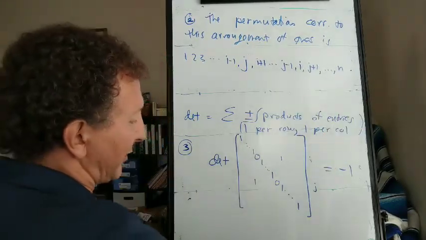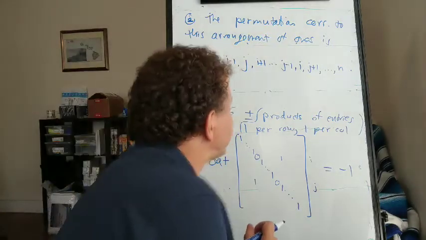Or at the very least, can we see if the number of inversions is even or odd?